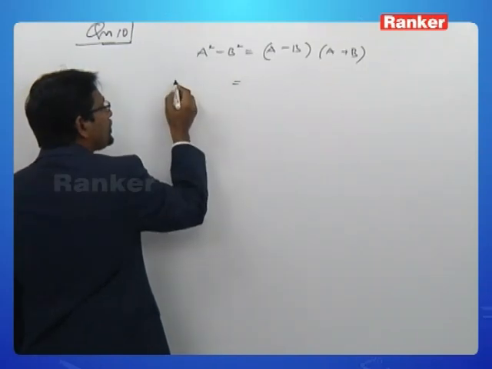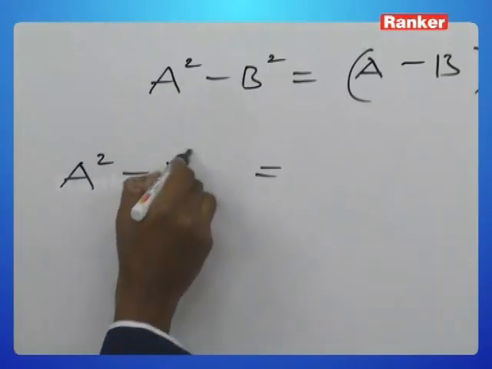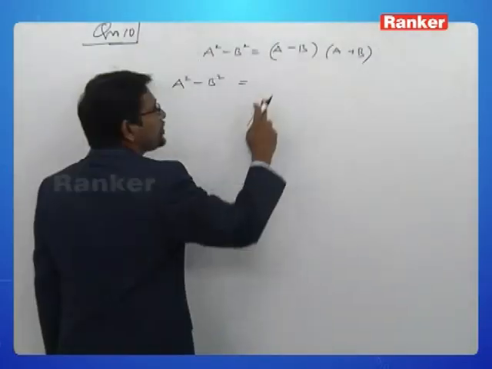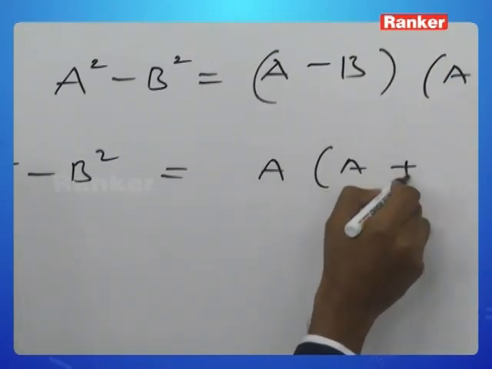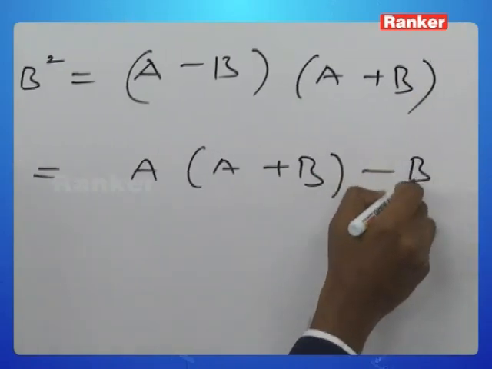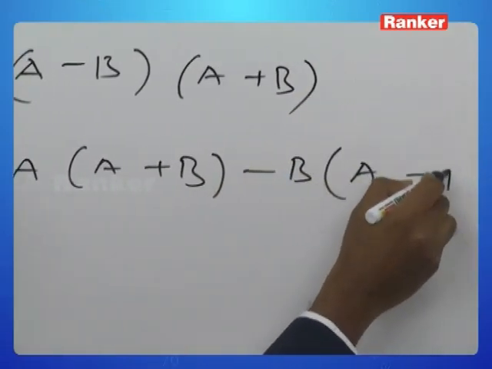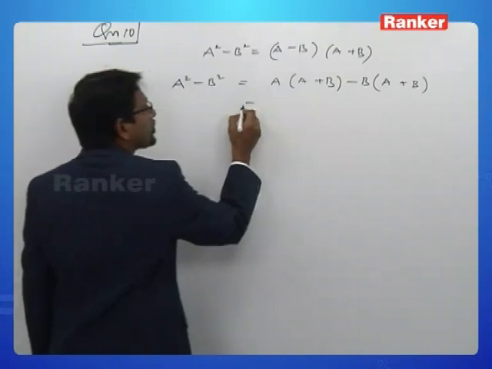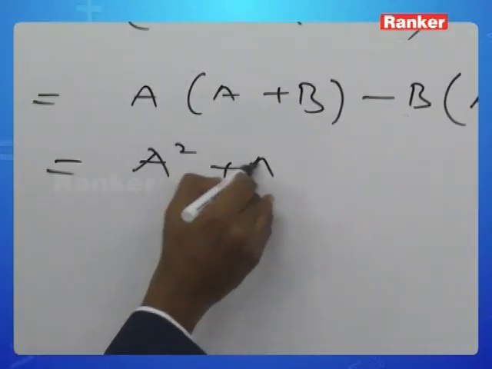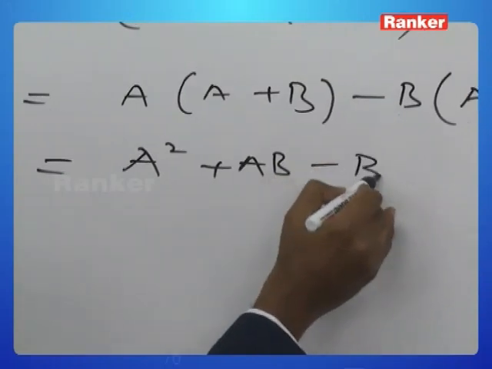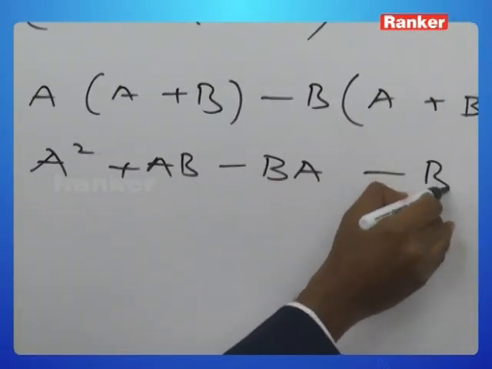Now what is it? Let's open up this product. A into A plus B minus B into A plus B using distributivity. What is this equal to? A square plus AB minus BA minus B square.